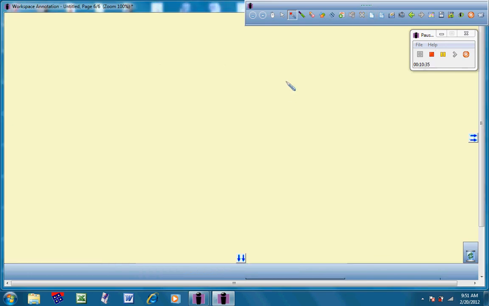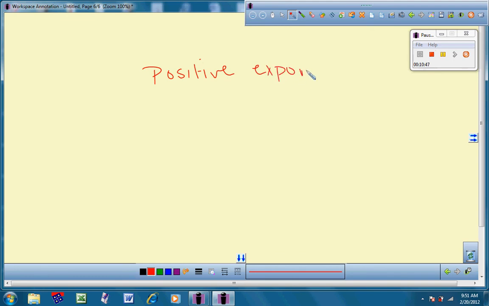Alright, next, let's rewrite expressions so that all of our exponents are positive. We do not want any negative exponents. Alright, so let's say we have x to the negative third y squared.